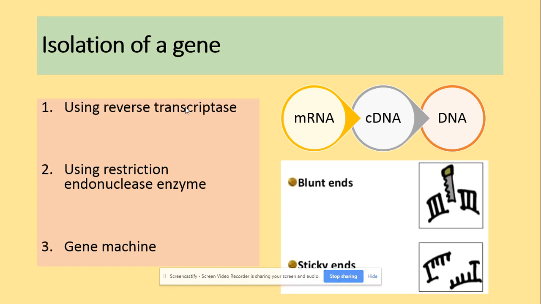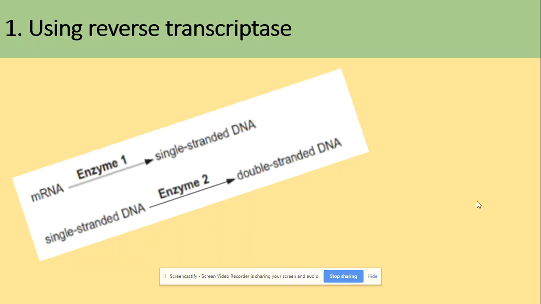We can use restriction endonuclease enzyme, which can cut DNA. So those are 2 main differences between those enzymes. One is using mRNA to produce DNA, and the other one cuts DNA in 2 manners to produce blunt ends and sticky ends. And the final way of producing the gene, so a length of DNA, is using the gene machine. So let's have a look how we can use reverse transcriptase first.